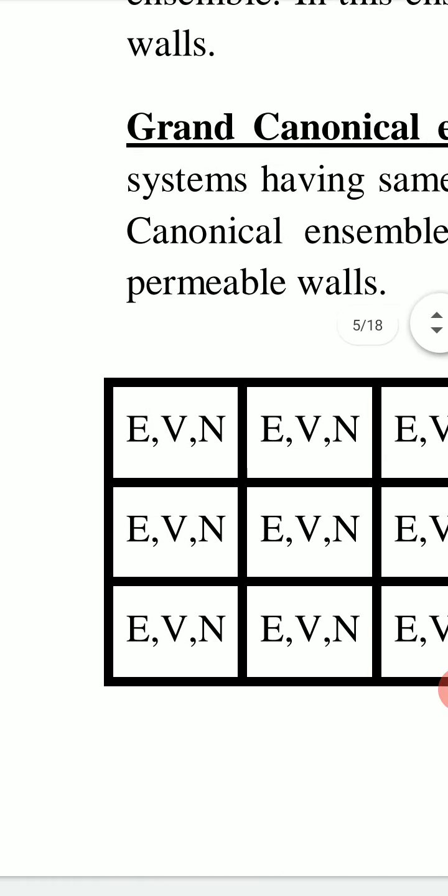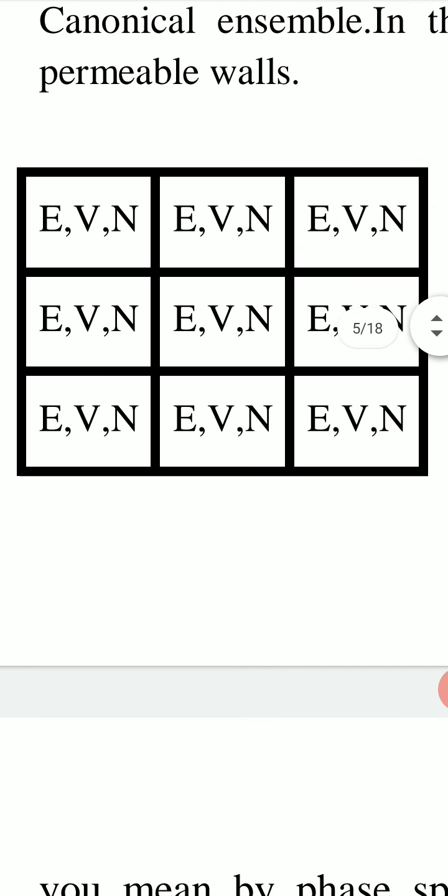This is shown in this figure. It is a group of a large number of identical systems, and all these systems have the same values of E, V, and N.